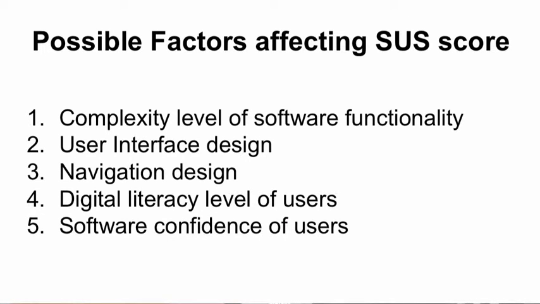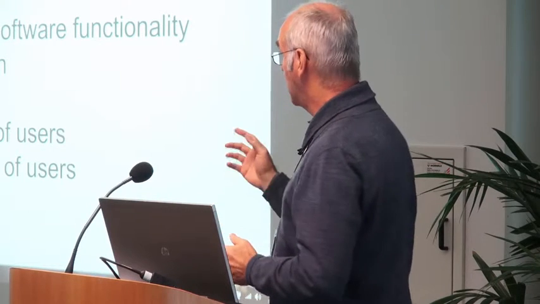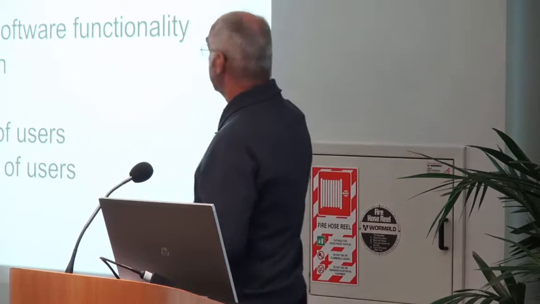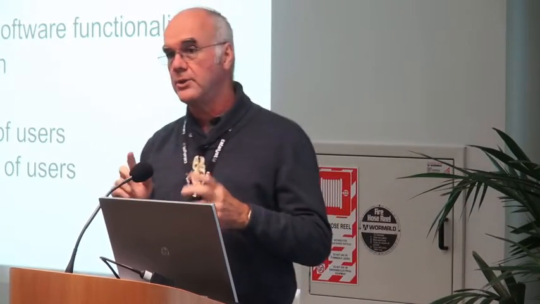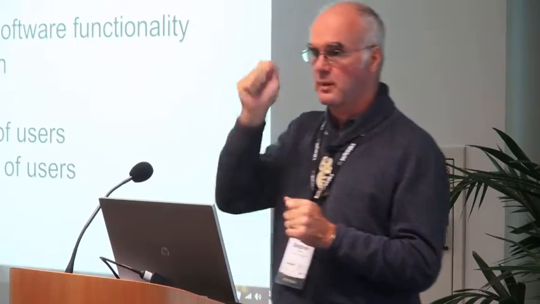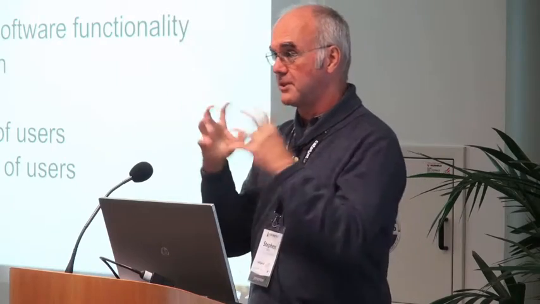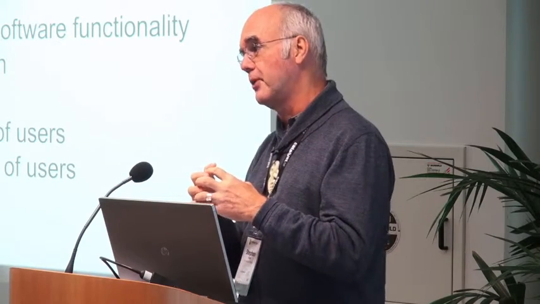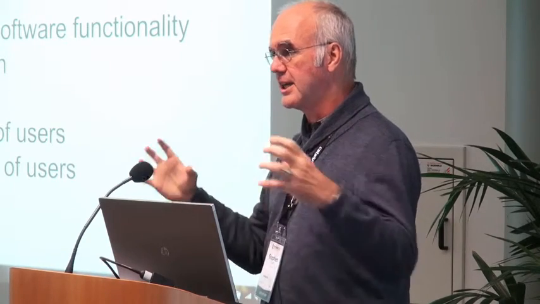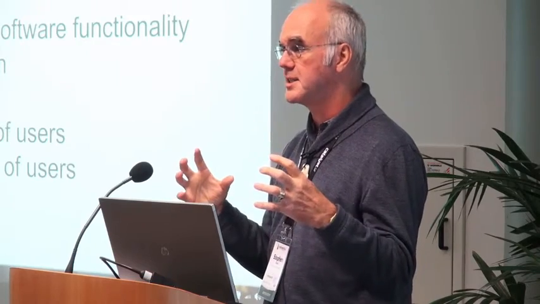And I've got my own theory about this, that there are several factors that affect the SUS score, particularly in relation to ePortfolio software. My guess is that other products such as Pebble Pad would also score in that 50 to 60 band, because I think we've got here a level of complexity. When you get something that's super easy, like there's one button to click, you click the button, it does what you want, the rating goes up, because the functionality level is very simple, very low. But when you've got something like an ePortfolio package, the functionality is quite diverse, and obviously it has to be more complicated.